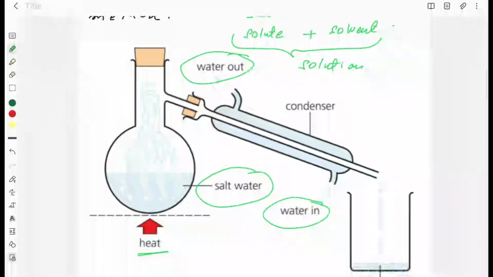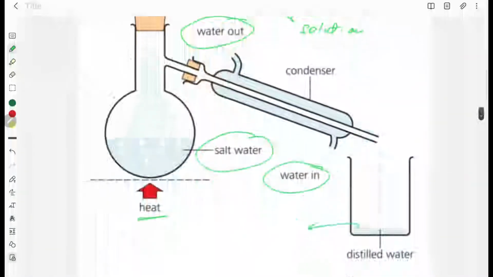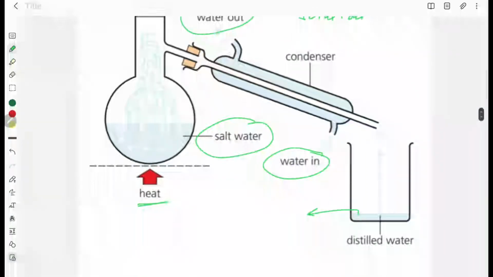If we heat this salt water, we get water over here at 100 degrees centigrade. And since salt is a solid, it will remain in the beaker, and you get purified water in the beaker.